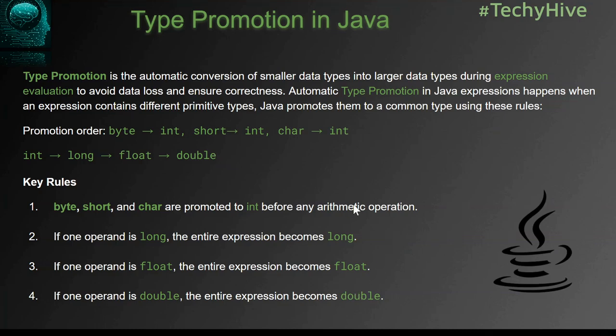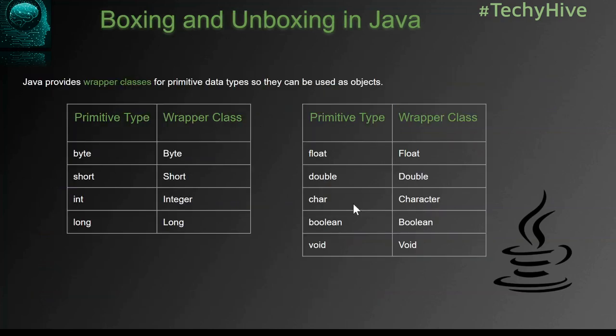Let's jump into the next part of the question. What is boxing and unboxing in Java? Java provides wrapper classes for primitive data types so they can be used as objects. For each primitive type, there is a wrapper class, and those wrapper classes are used as objects of the primitive type.